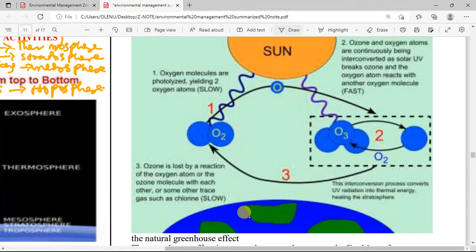So quickly, you have the sun, and the ozone layer is made up of a combination of oxygen. So you have 3 oxygen molecules, and what it does is help to absorb electromagnetic radiation, ultraviolet radiation from the sun.